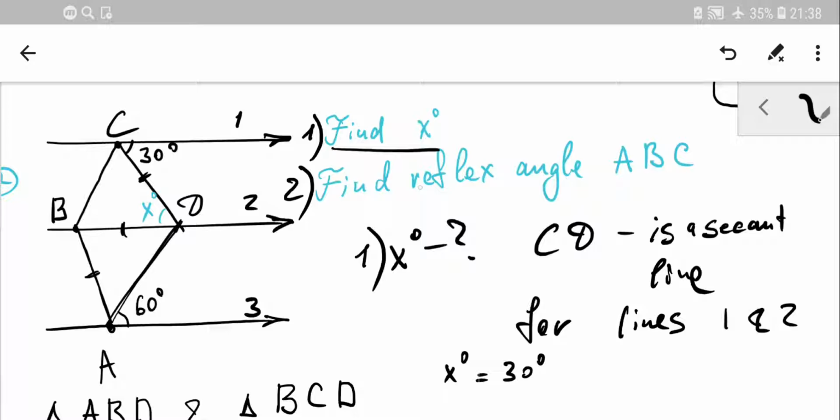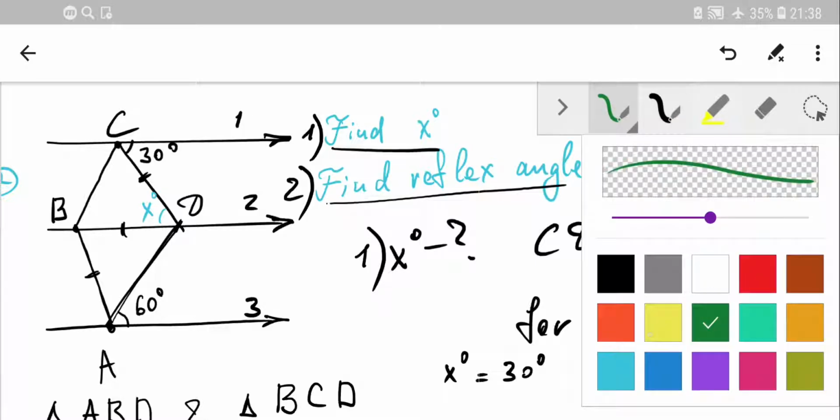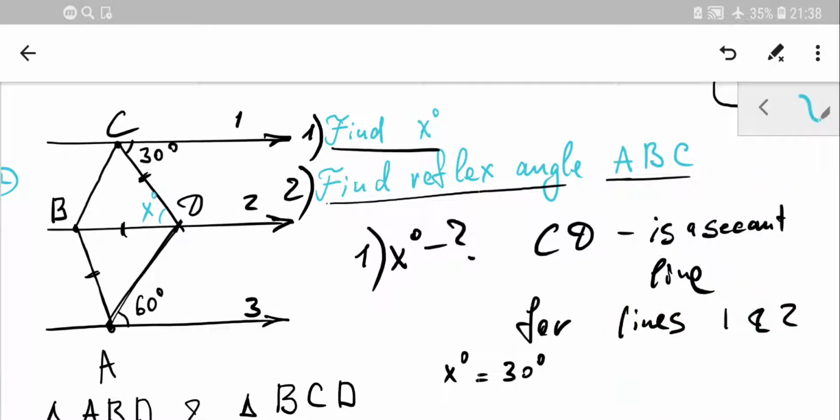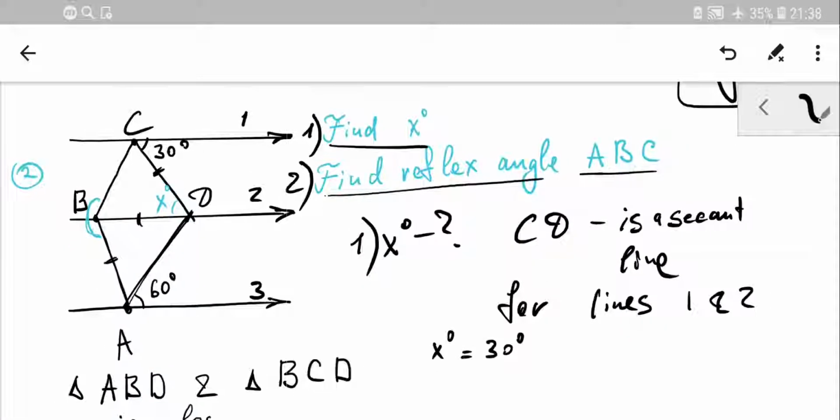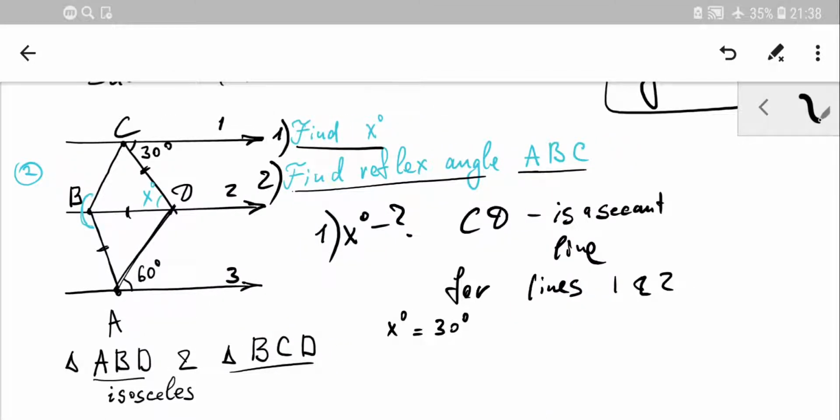All right, so you need to find reflex angle ABC. So I mark it with the blue. Okay, it's here. All right, so you need to find this angle. Okay, so how can we do that? Obviously, in this case, we need to use the fact that triangles ABD and BCD are isosceles.